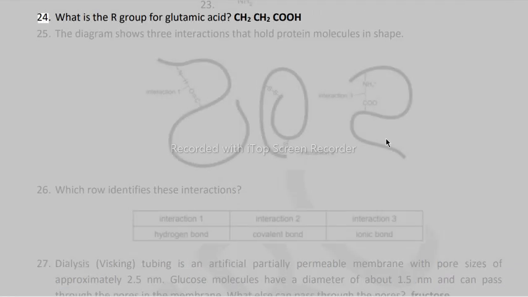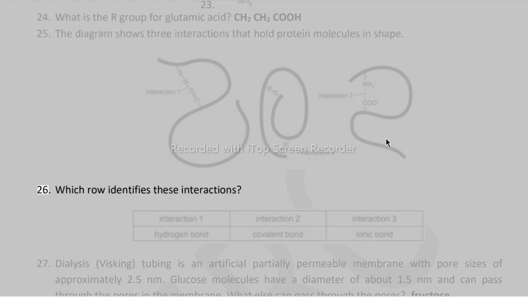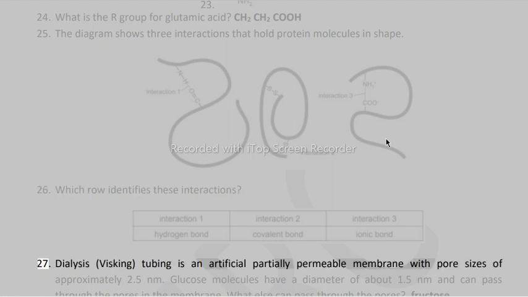23. 24. What is the R group for glutamic acid? CH2CH2COOH. 25. The diagram shows 3 interactions that hold protein molecules in shape. 26. Which row identifies these interactions? 27.